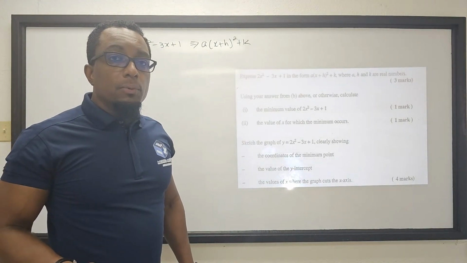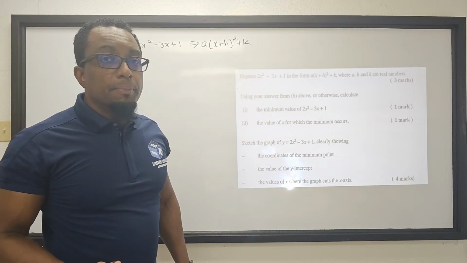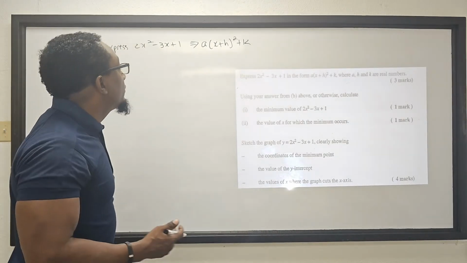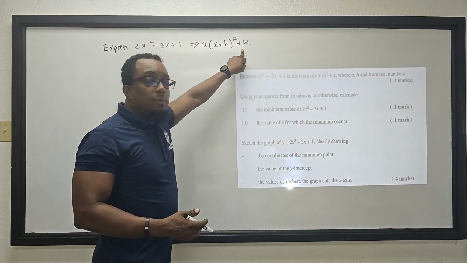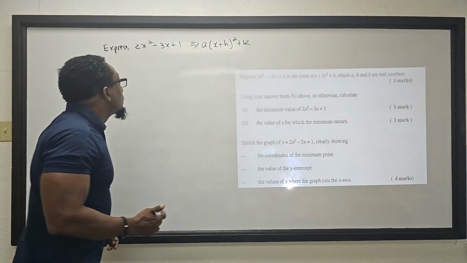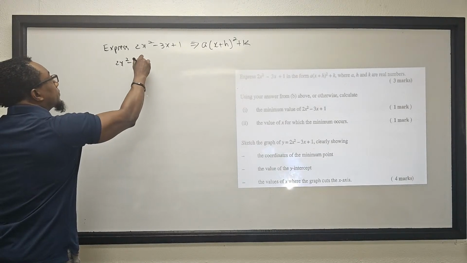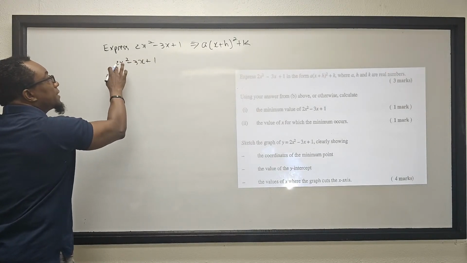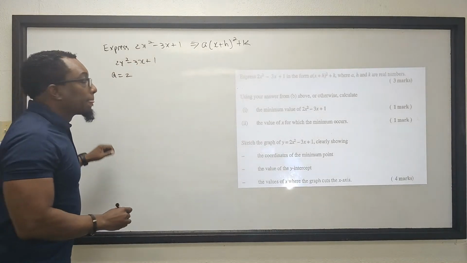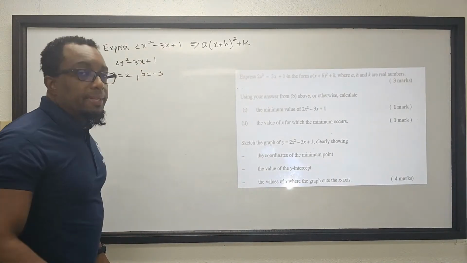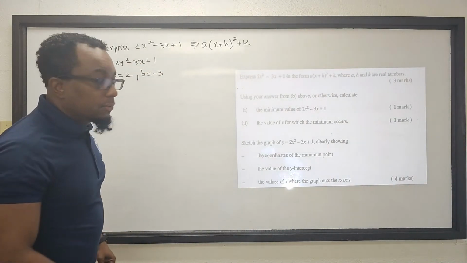One approach I use, and students often find it pretty straightforward, is the formula approach, where there's a formula for h and a formula for k. To start off, we state a, which is the number in front of x squared, 2; b, which is the number in front of x, negative 3; and c, which is your constant, 1.